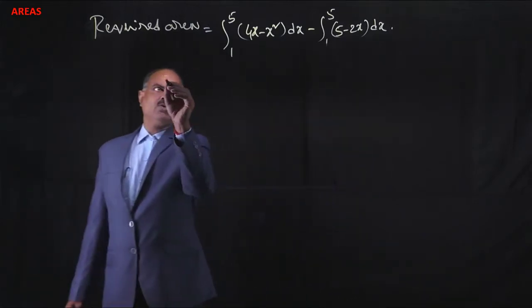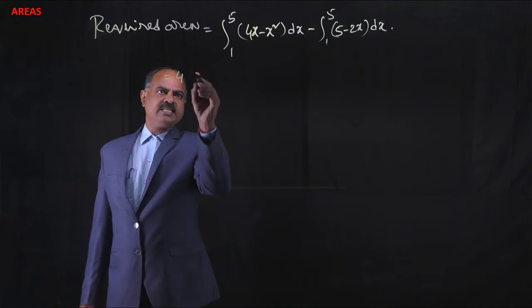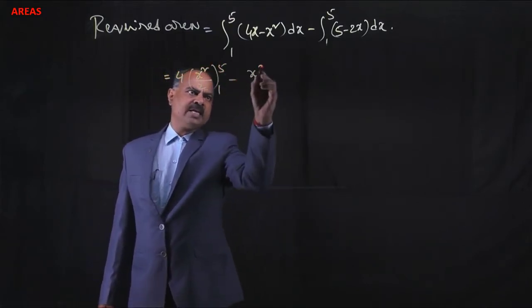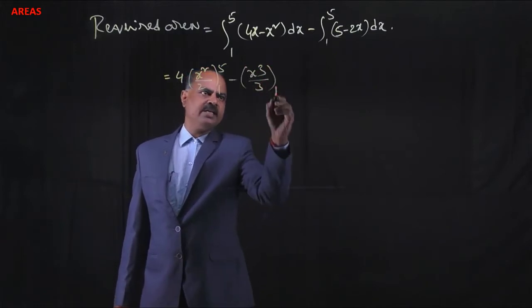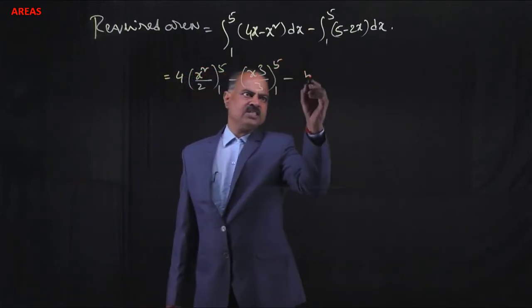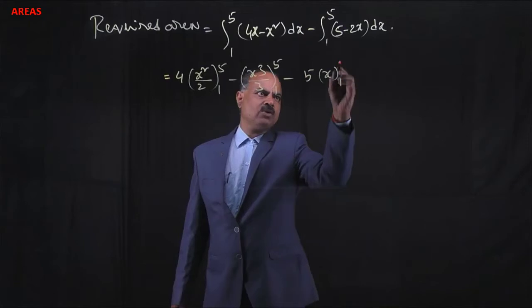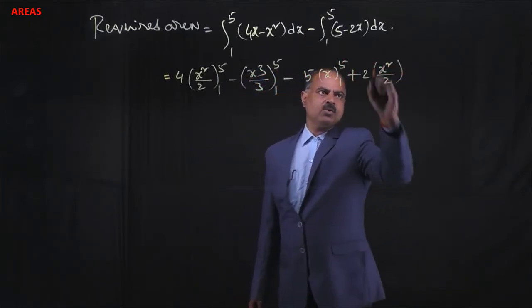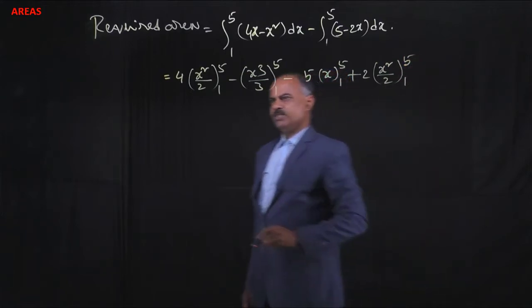So this is equal to 4 into integral x dx, that is x square by 2, limits 1 to 5, minus x cube by 3, limits 1 to 5, minus 5 into x, limits 1 to 5, plus 2 into x square by 2, limits 1 to 5.